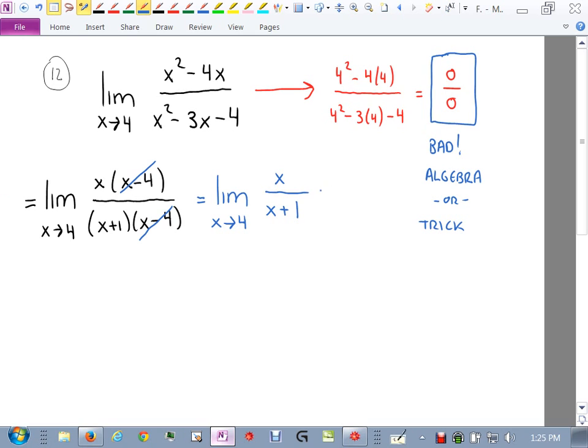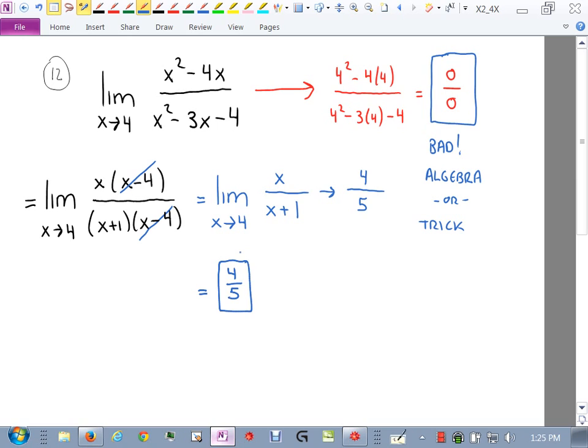So the top wants to head to 4, and the bottom wants to head towards what? 4 plus 1 for 5, right? Is this 0 over 0? Do I have division by 0 here? And no problems, right? So that is going to be our answer. Our answer equals 4 divided by 5.